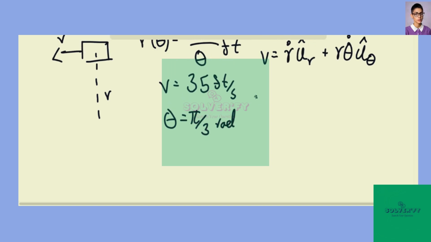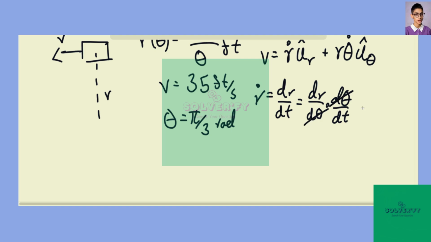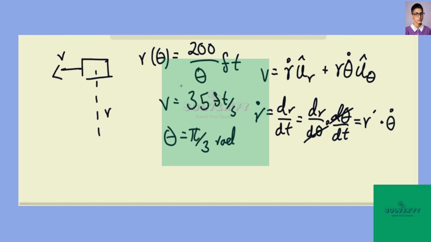Dr dt, which we also write as r dot, we can write as dr d theta times d theta dt and cancel out the thetas there. So we can really just write this as dr d theta times theta dot. And I'll go ahead and rewrite dr d theta as r prime just for this problem.